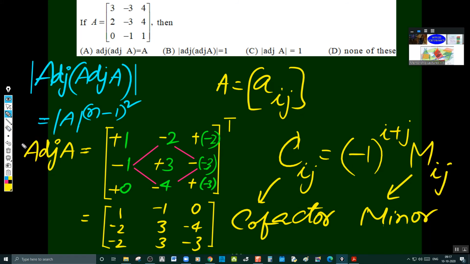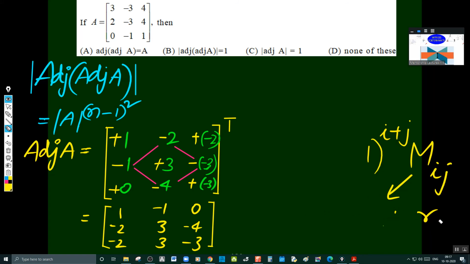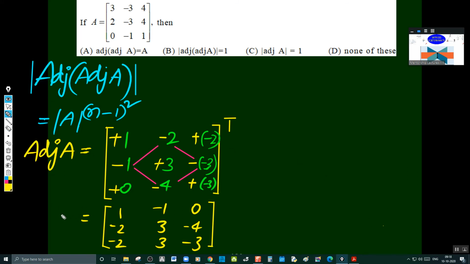Now you can try for adjoint of adjoint A, please. Come on, do that. I'm not doing that, you do it now. Adjoint of adjoint A, because adjoint A is now written there. Let me write that adjoint of A as some B for your convenience.